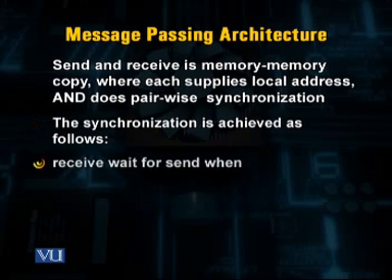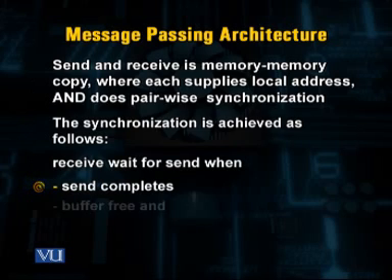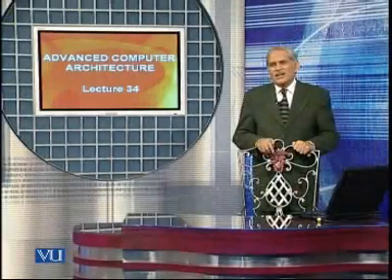That is, receive waits for send when the send is complete. Then the buffer is made free and the request is accepted. So this gives us the programming model for message passing architecture.